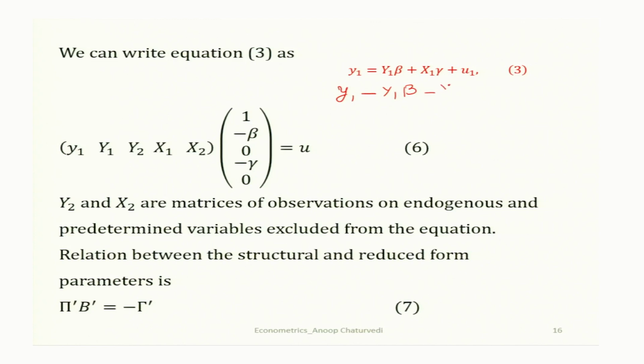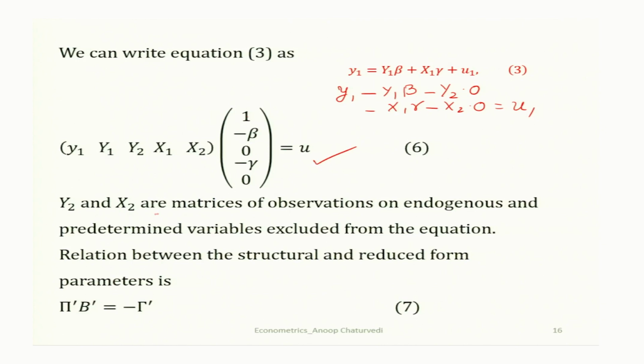Then you take Y 2 into 0, minus X 1 into gamma, minus X 2 into 0, equal to u 1. So, you get y 1, capital Y 1, capital Y 2, X 1, X 2, and the corresponding coefficients are 1, minus beta, 0, minus gamma, 0. So, you get this equation.